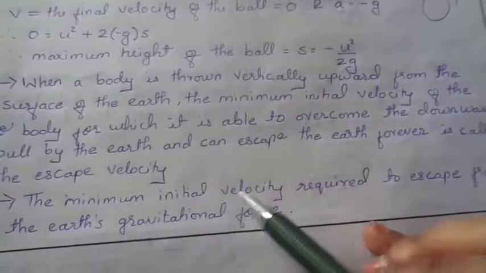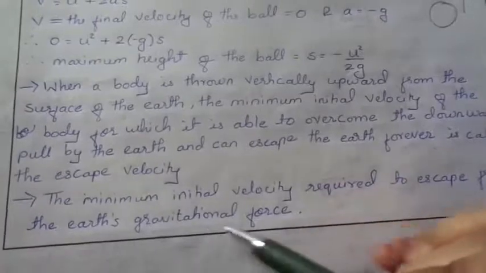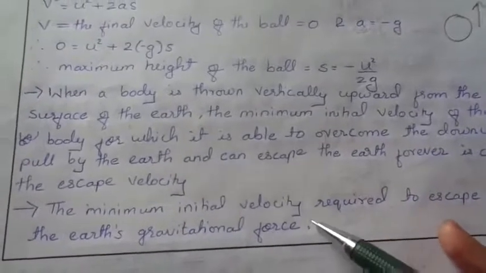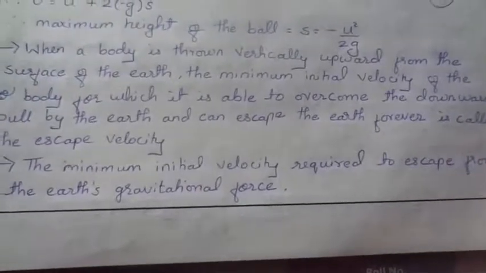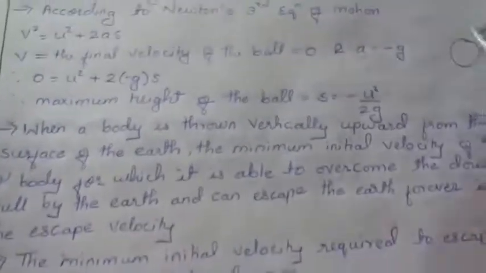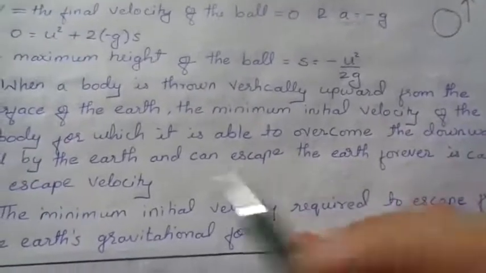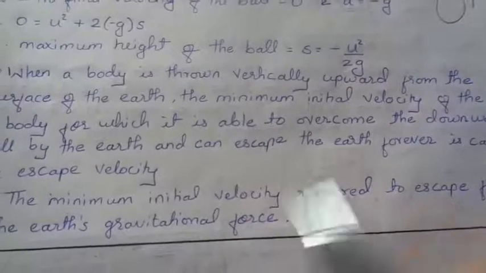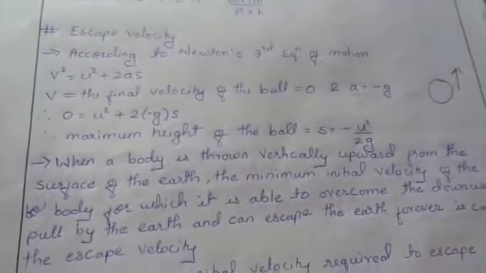The minimum initial velocity required to escape from the earth's gravitational force. Shortly you can say, the minimum initial velocity you must require so that this ball will escape from the earth's gravitational force. This is in a simple way how you can describe the escape velocity.